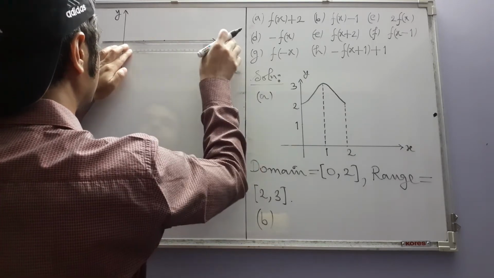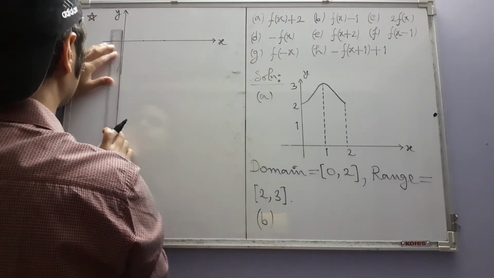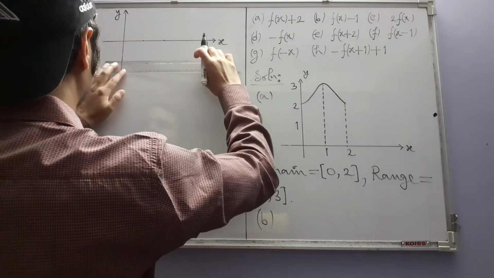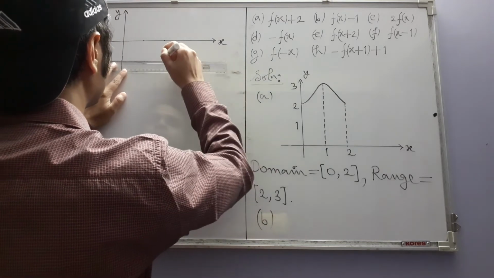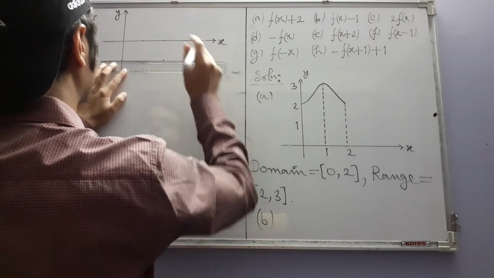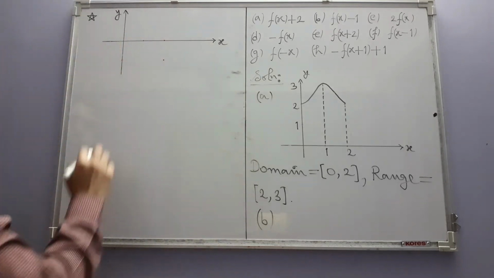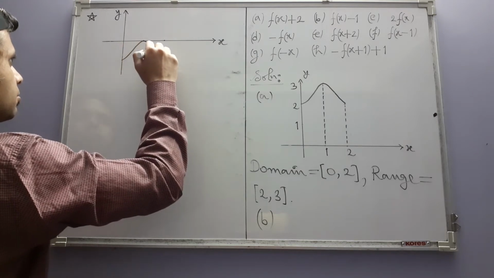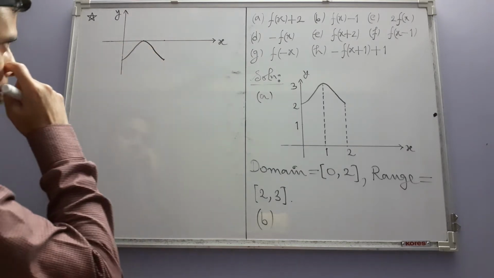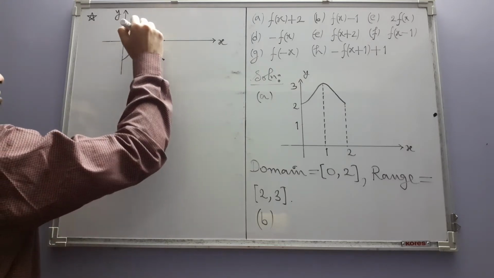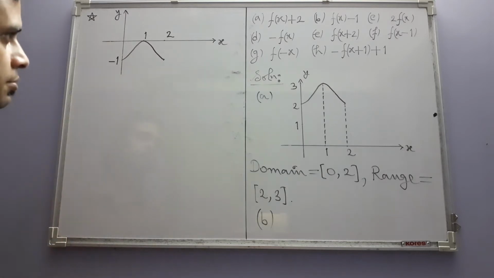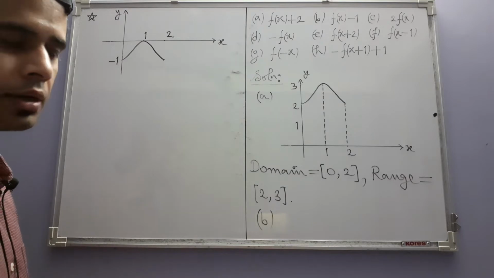Here the graph will be this, with 1, 2 on the x-axis and minus 1 on the y-axis, because now all the y values have been decreased by 1.